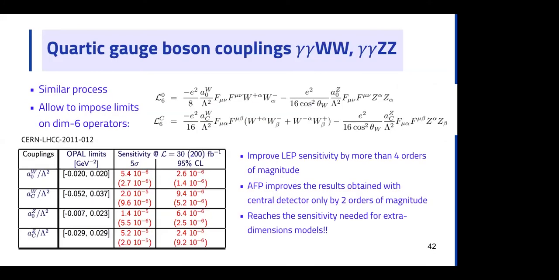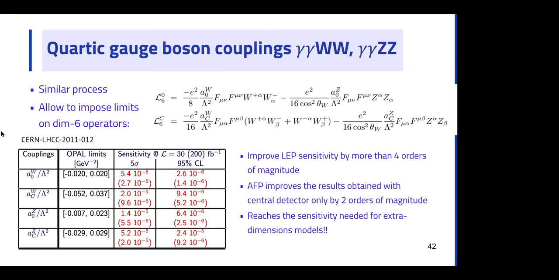Okay, the same kind of studies can be done for photon WW and photon ZZ. In this case, the Lagrangian operators we could access are dimension 6, shown here, and we have the anomalous couplings for W's and Z bosons.